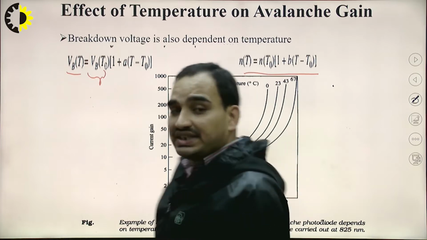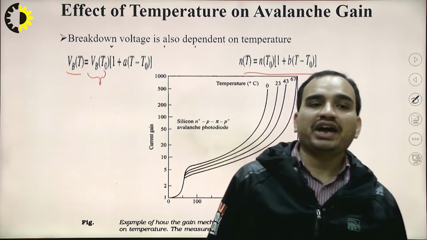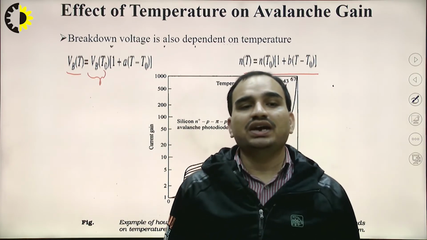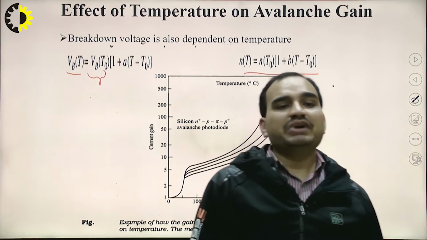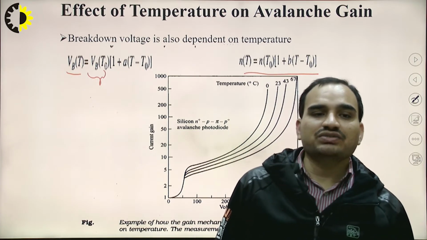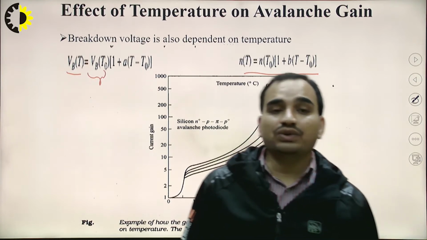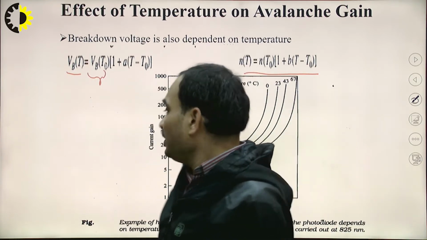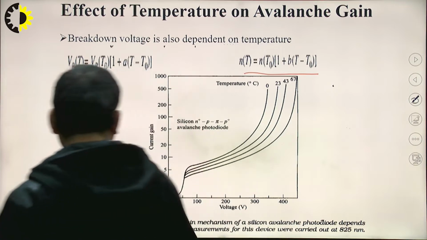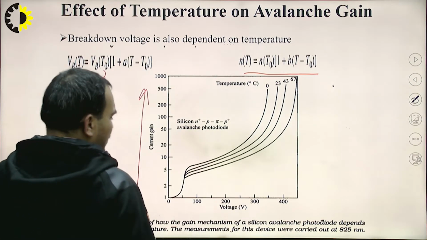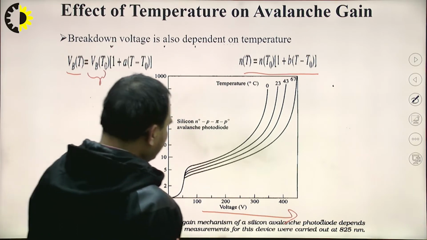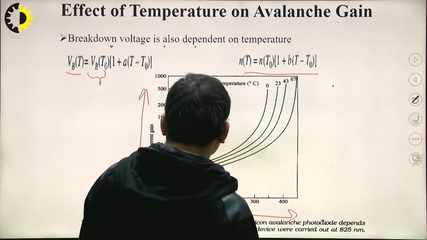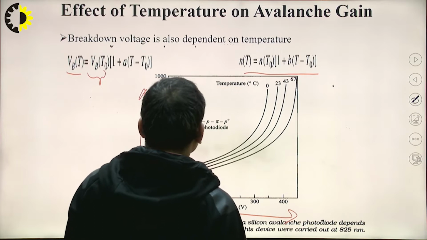This is an example of how the gain mechanism of a silicon avalanche photodiode depends on temperature, and the measurements of this device were carried out at 825 nanometers. Here we can see the current gain on the y-axis and the voltage on the x-axis, with voltage ranging from 0 to 400 and current gain from 0 to 1000.